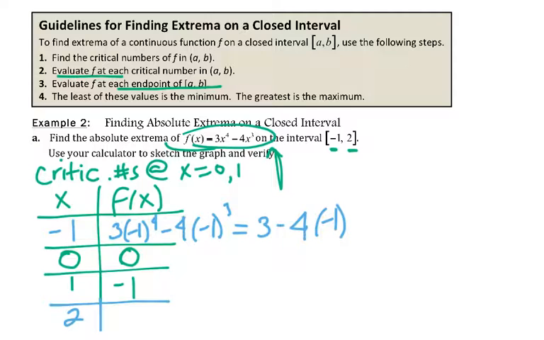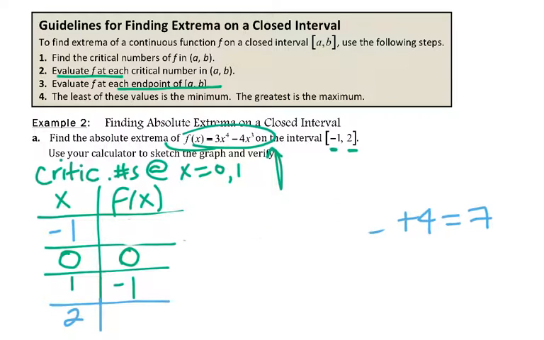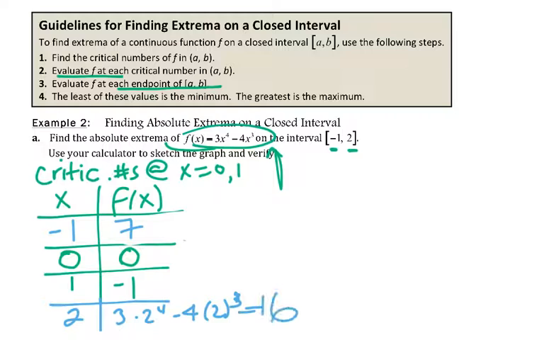That makes this 3 plus 4, which is 7. Okay, so I'm going to erase all of this again and just fill in 7. Alright, for 2, we have 3 times 2 to the fourth minus 4 times 2 to the third. Just trust me on this one, it comes out to be 16. Okay, so I'm going to clean this up.